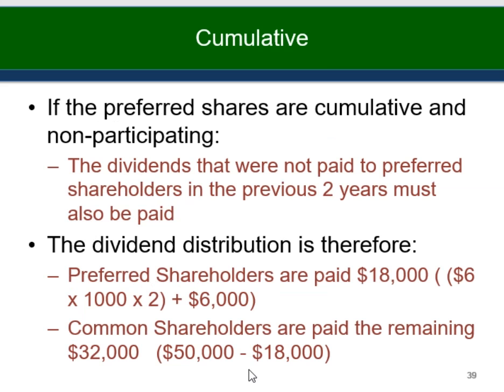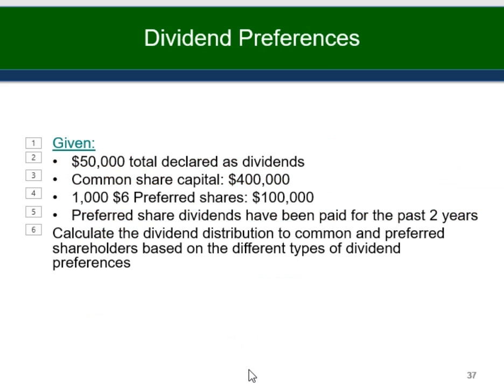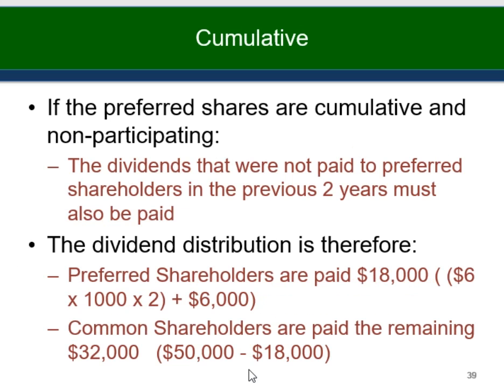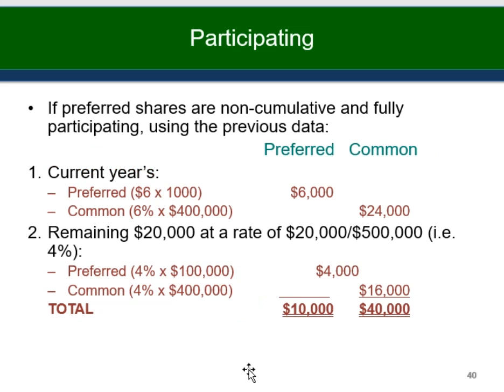So the $400,000 is stated as common share capital, the original contribution of the investors in common share investments. So 6% of 400,000 participating at the same rate as the preferred. So $6 on $1,000 is a 6% dividend payment.